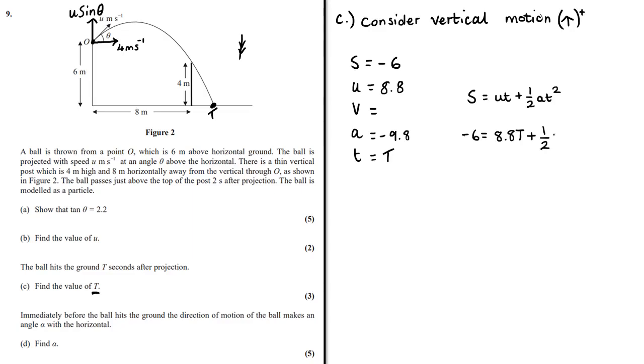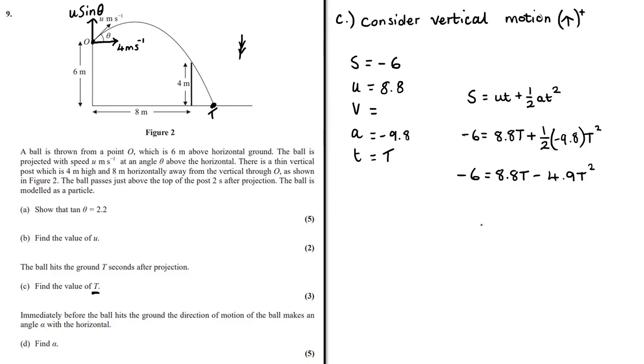I get half of A minus 9.8, and then we times it by T squared. Okay, but like I said, this will be minus 4.9 in a moment. So we'll just, again, simplify what we've got. I get minus 6 is equal to 8.8 T, and I get minus 4.9 T squared.